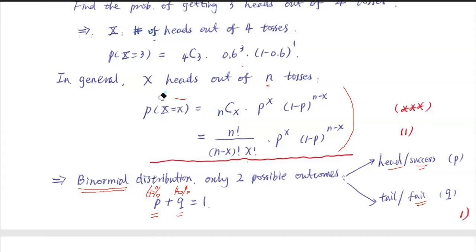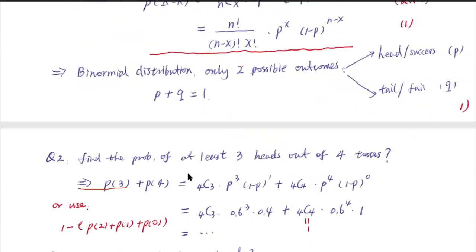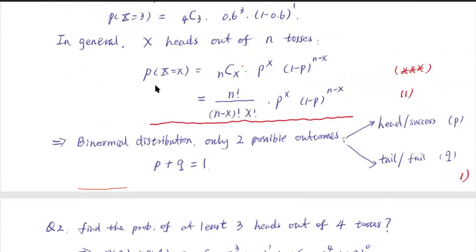based on that binomial distribution, how do we calculate the average? How do we calculate the variance? What I mean by that is, now we know the probability of X. Remember, previously we have that table, right?